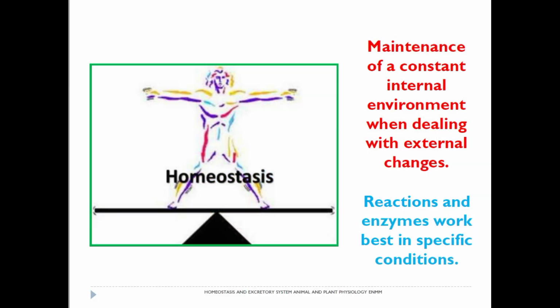Overall, homeostasis is the maintenance of a constant internal environment when dealing with external changes. It involves reactions and enzyme work, referring to the specific condition that is optimal for enzymes to work.